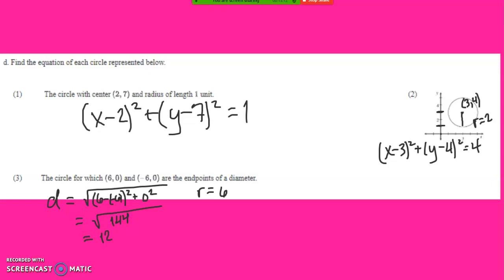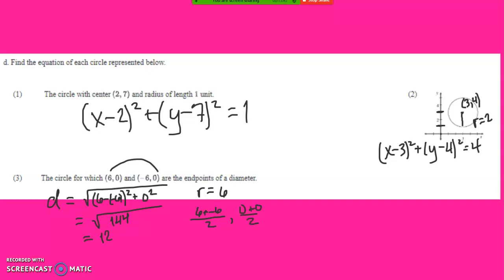All right, well, in order to find the center, we've got to find the midpoint of that diameter, right? So let's find the midpoint of these two endpoints, and that'll give us the center of the circle, because you know a diameter goes through the center of a circle. So the midpoint would be 6 plus negative 6 divided by 2, comma, 0 plus 0 divided by 2.